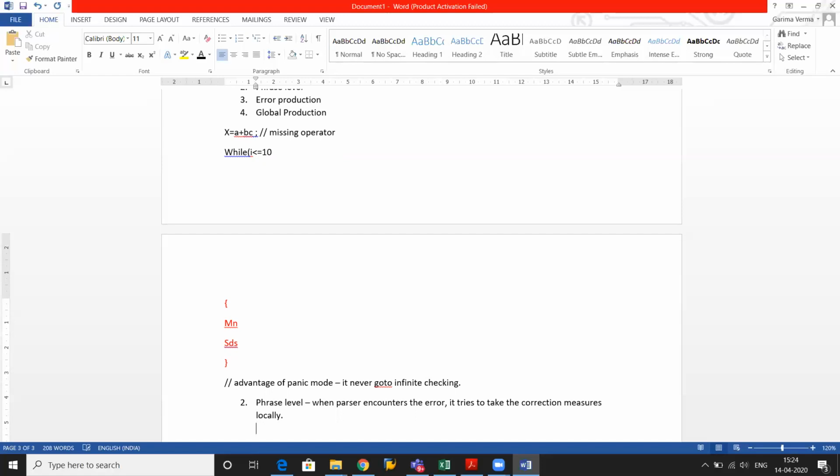It is not required that every software has the phrase level recovery mode, but certain advanced IDEs do.